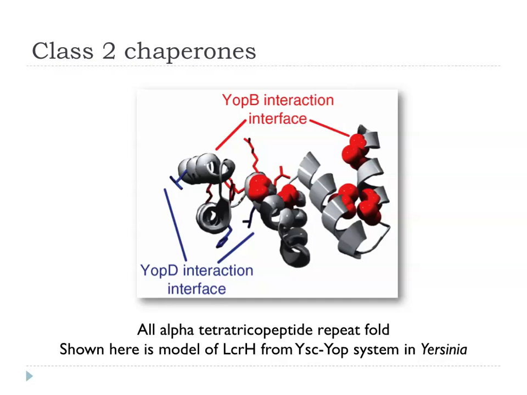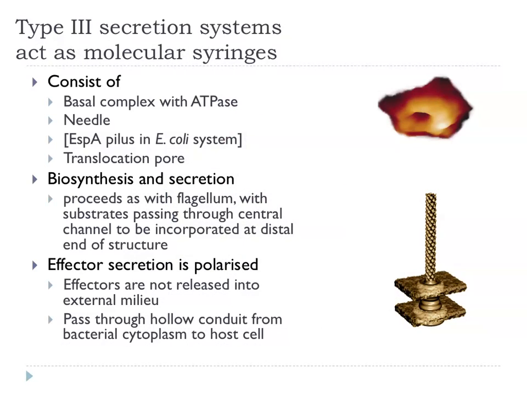This is an array of alpha helices in a kind of concertina arrangement, and we were able to show, when we mapped the residues involved in interactions with different substrates, that different faces of this fold were being used to interact with different substrates separately. This has since been confirmed with structural studies, experimental studies.